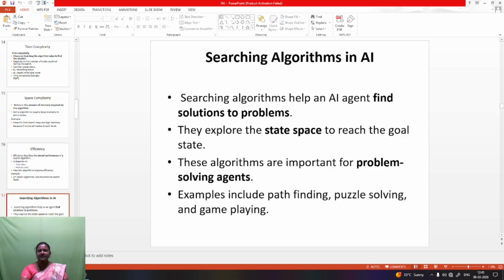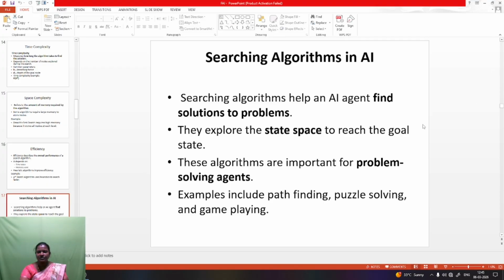Searching algorithms help an AI agent find solutions to problems. They explore the state space to reach the goal state. They explore each and every node and check whether the current node is the goal node or not.